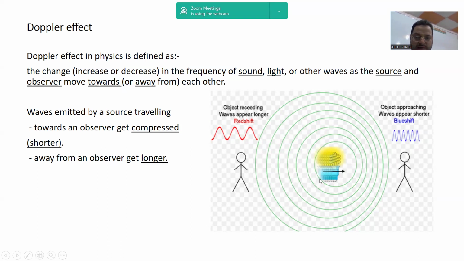Actually here the sound power, let's say, will increase. Why? Because the distance between the source and observer is decreasing. What does that mean? That means a reverse relation between the source's distance and the observer.